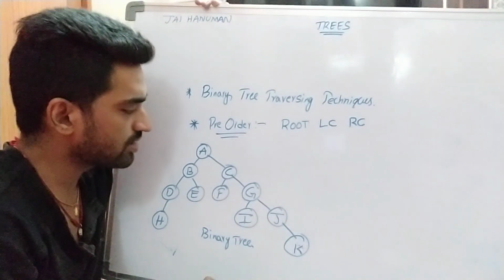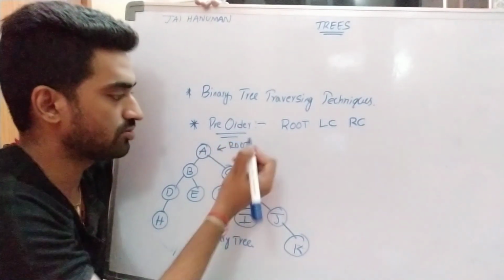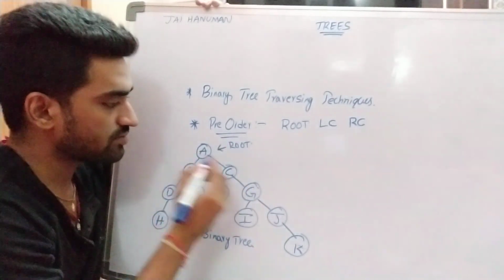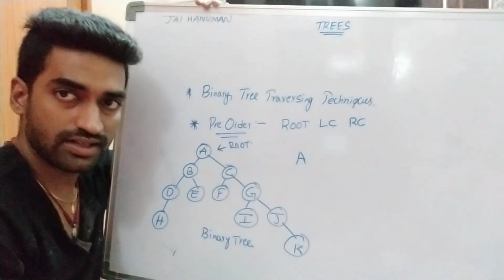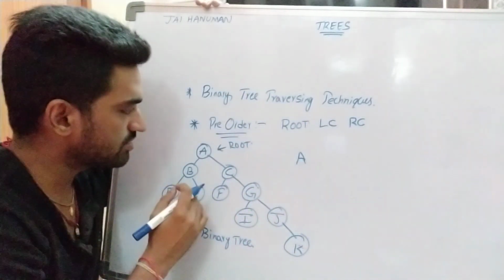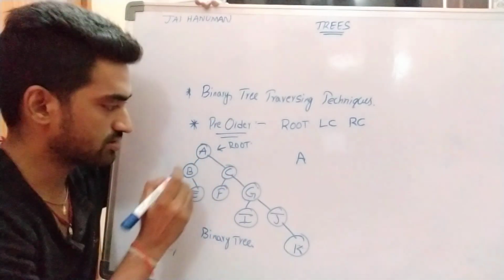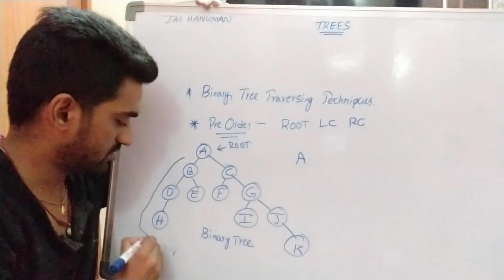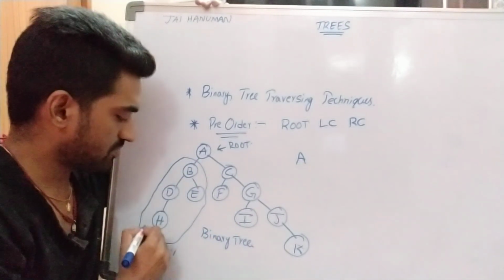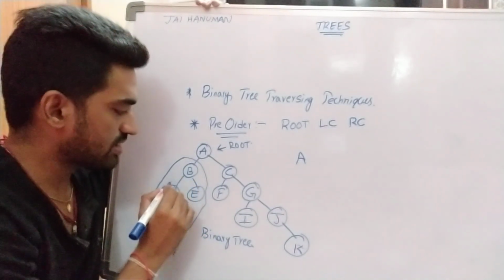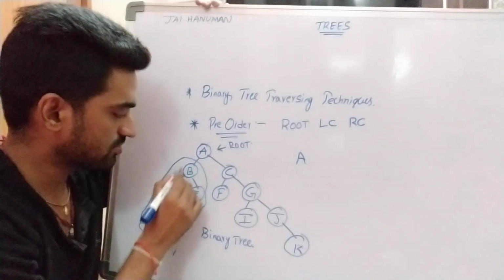First of all, we visit the root node. This is the root. Then we visit the left subtree in pre-order format. What is the left subtree here? This is the left subtree. In the left subtree, what is the root?